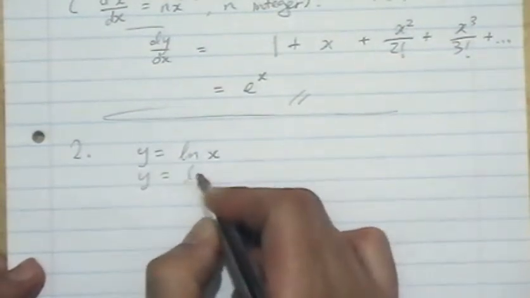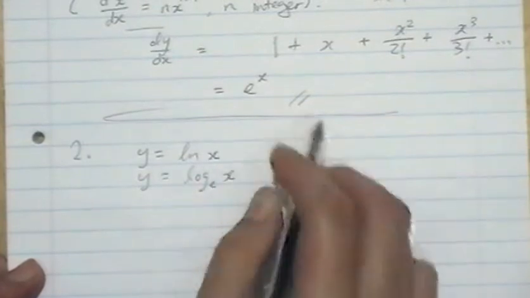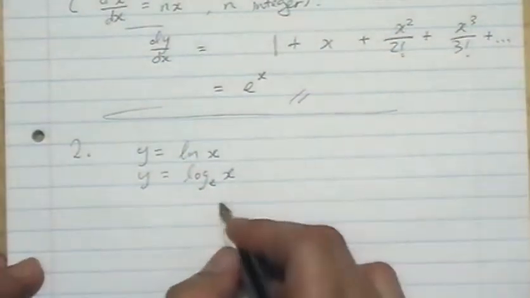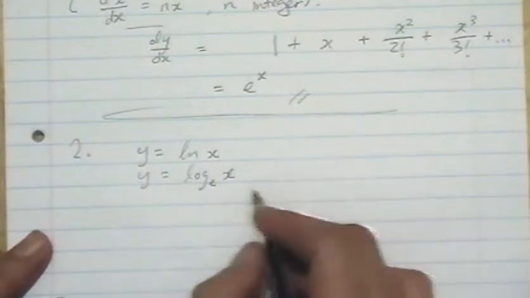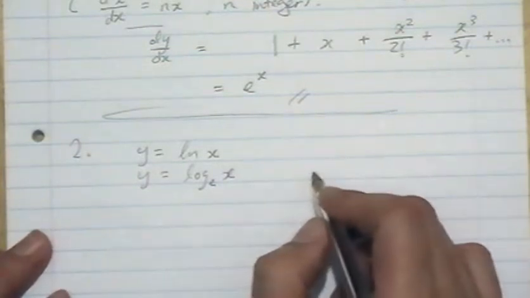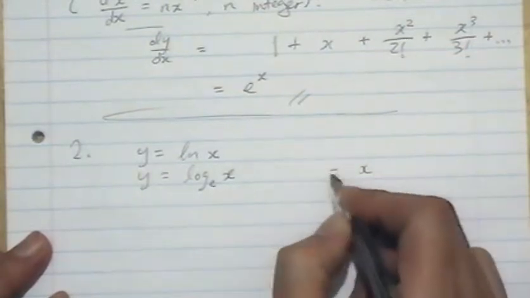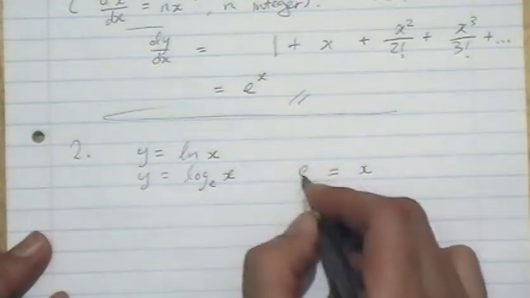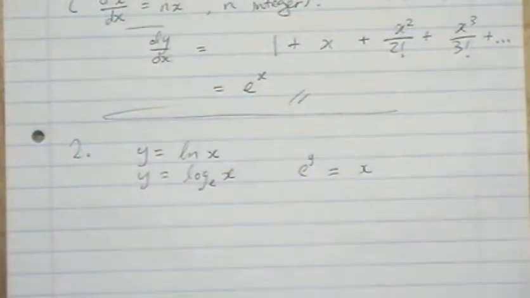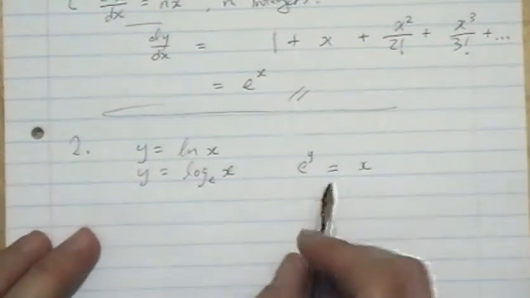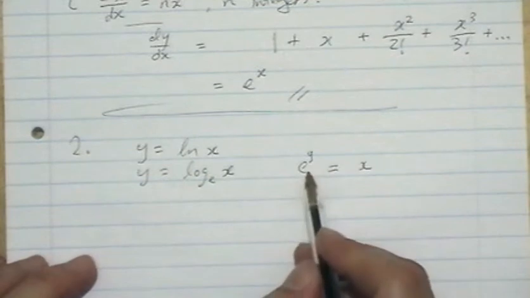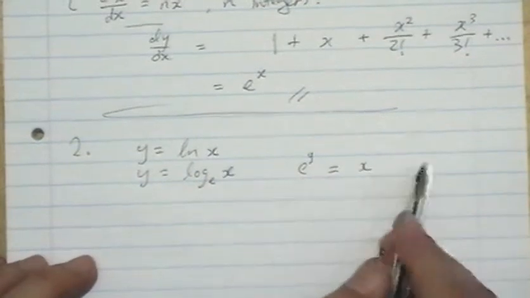I'll call it log to base e of x. And this means that x is equal to e to the power of y. Right, so let me now differentiate this on both sides.